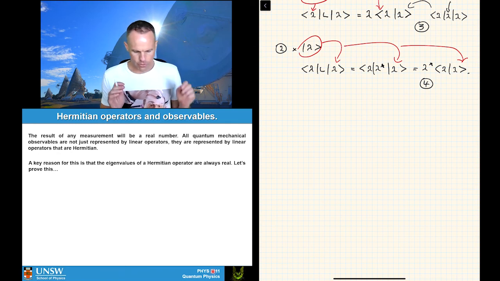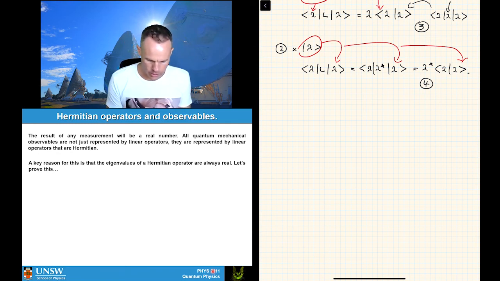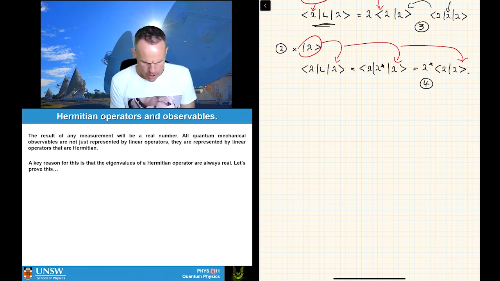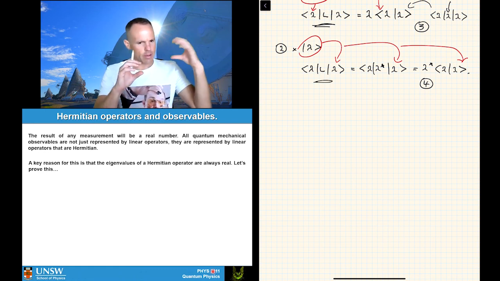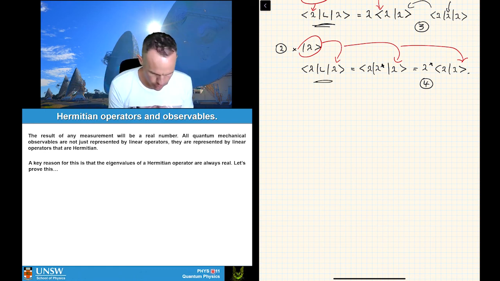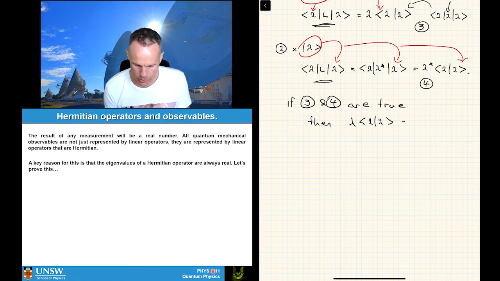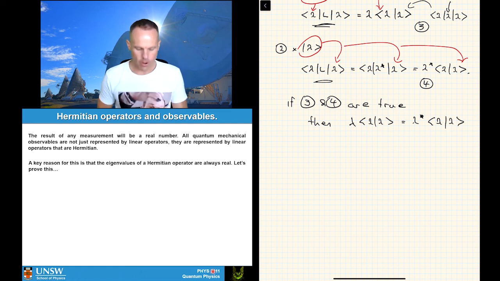Now, what you'll notice is that 3 is this thing, <λ|L|λ>, and 4 is the same thing, <λ|L|λ>. So if 3 and 4 are true, then that means that λ<λ|λ> is equal to λ*<λ|λ>, right?